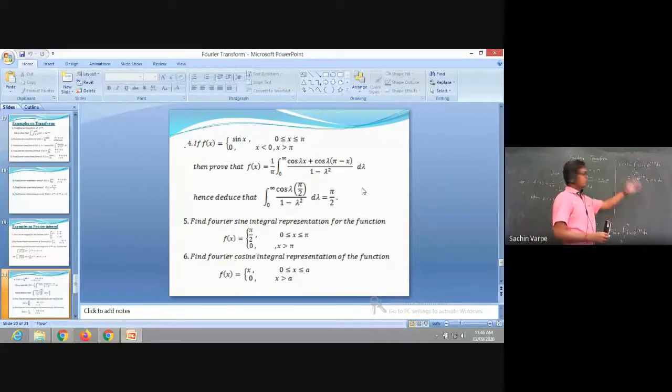Why I have written like this? Because to integrate this, we have the standard formula for e raised to ax sine bx, is it? What is a there? a is minus i lambda and b is 1, right?